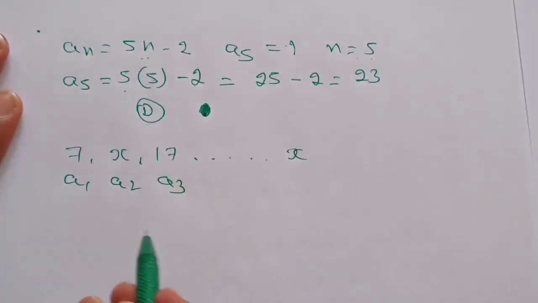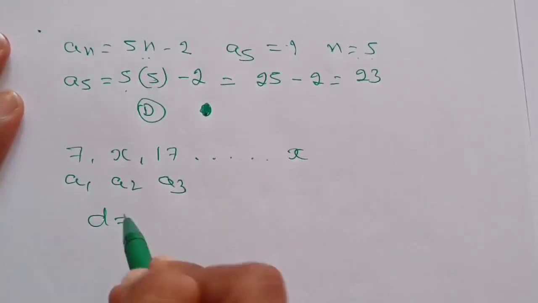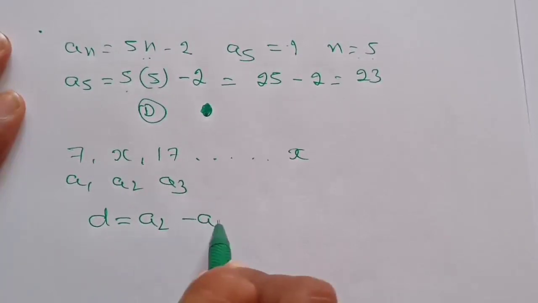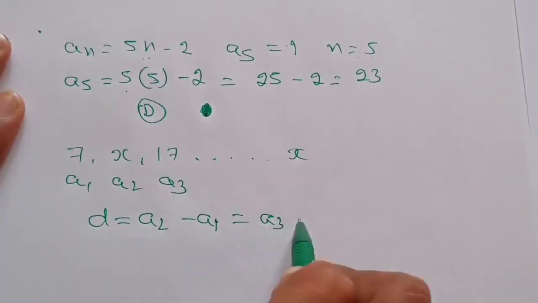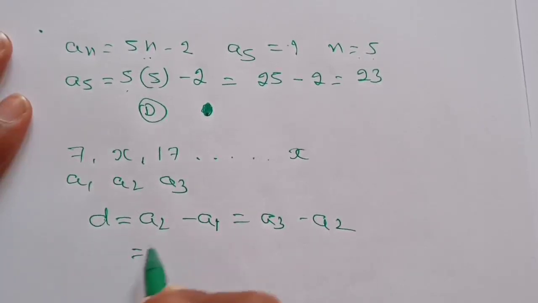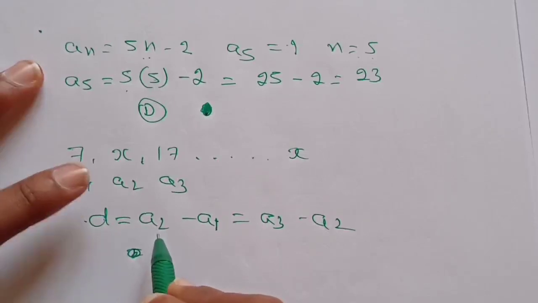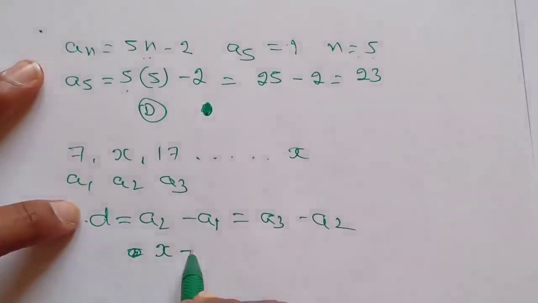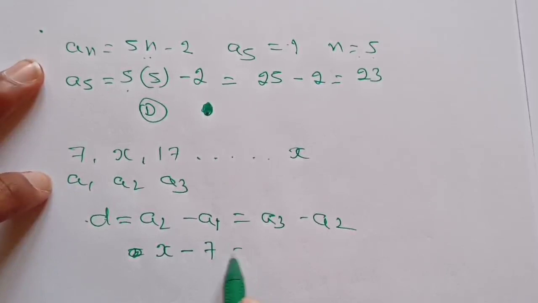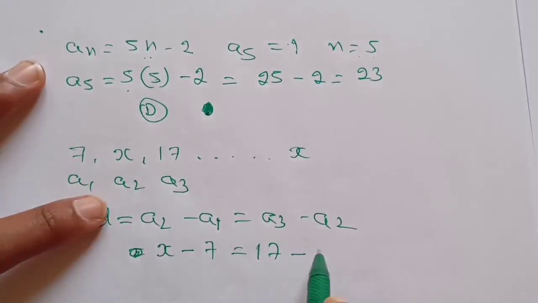So I will apply the common difference formula: A2 minus A1 equals A3 minus A2. A2 is x, minus A1 which is 7, equals A3 which is 17, minus A2 which is x.